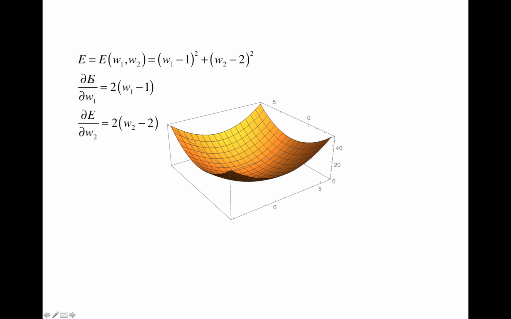But for the two-weight problem, the derivative has two numbers because it has two weights, so it's partial derivatives. We have two partial derivatives. And this technique of following the negative derivative to reach the best weights that minimize the error is also known as the steepest descent method.